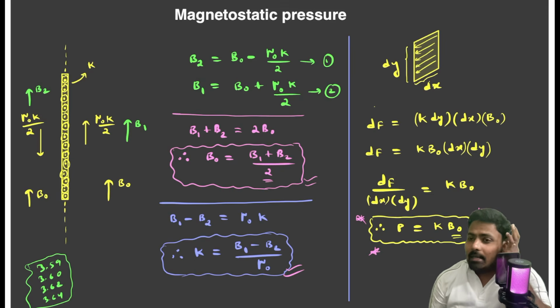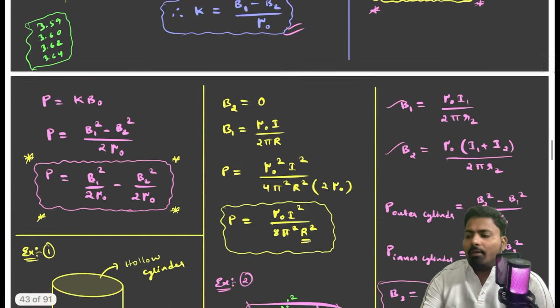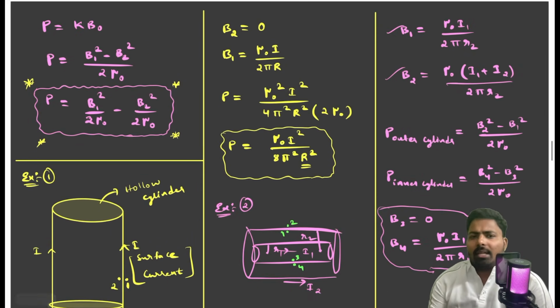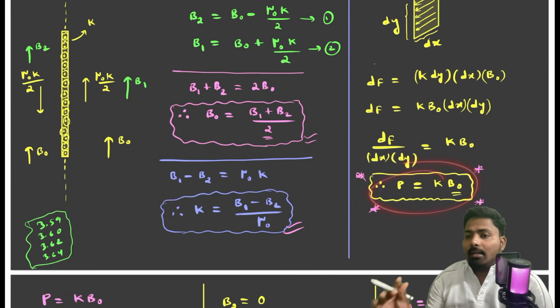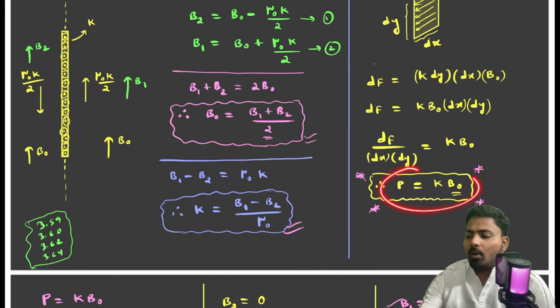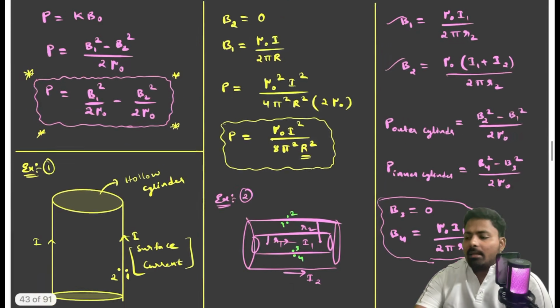Once you try to solve these questions, you will have confidence about this concept, magnetostatic pressure. Often people get confused by those questions about what approach to follow. Once you understand this formula, finding the net pressure on either side, you can directly get the answer.